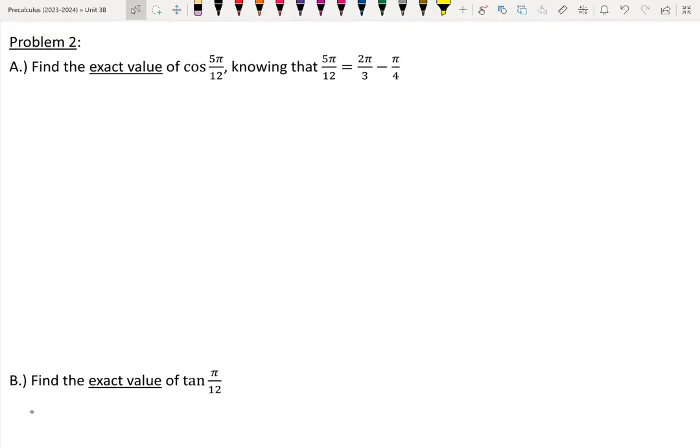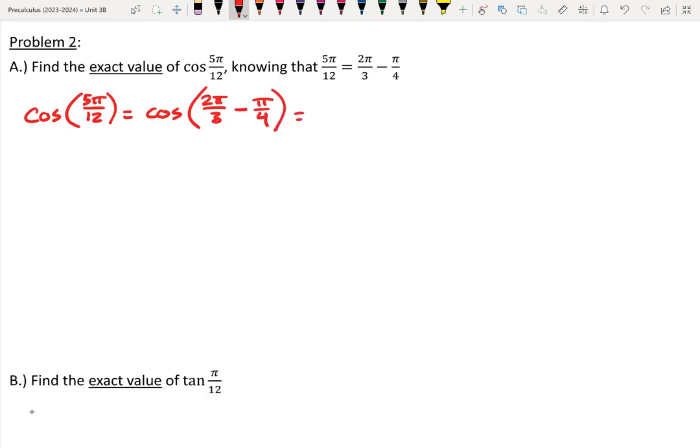Problem number 2, we are asked to find the exact value of cosine of 5 pi over 12. But what do they tell us 5 pi over 12 is equal to? So we can substitute that in and say, okay, well then that's equivalent to cosine of 2 pi over 3 minus pi over 4.